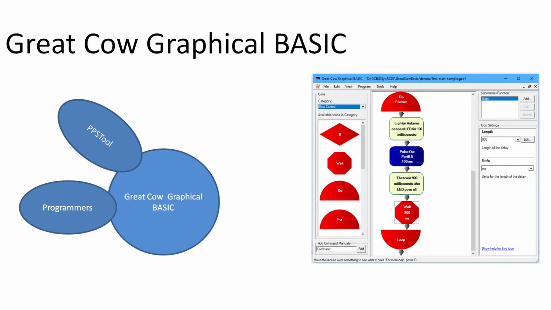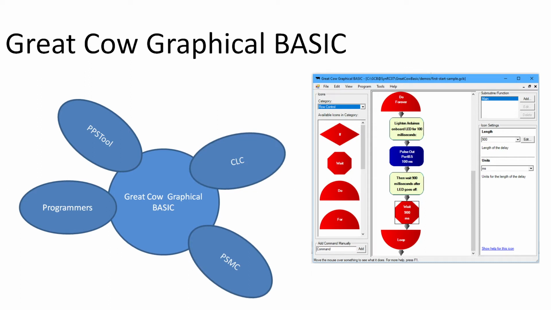It uses the same underpinning compiler, and you can use code generators like PPSTool and all the programmers that are defined within the toolkit. You can use other code generators like CPLC, I'll explain what that one is, and there's another one called PSMC. I won't be explaining that one, but it's available as a code generator that you can then insert into your Graphical BASIC source code.